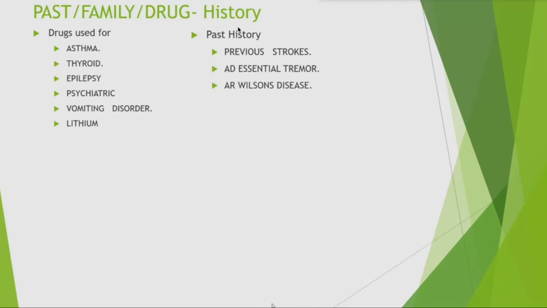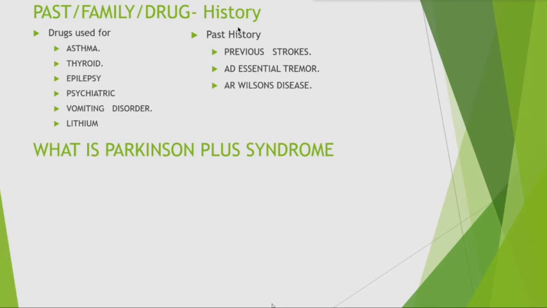Coming to the past history, how does a history of strokes help you? Recurrent stroke can produce a multi-infarct state, which can also have Parkinson features. So what is Parkinsonian plus syndrome?